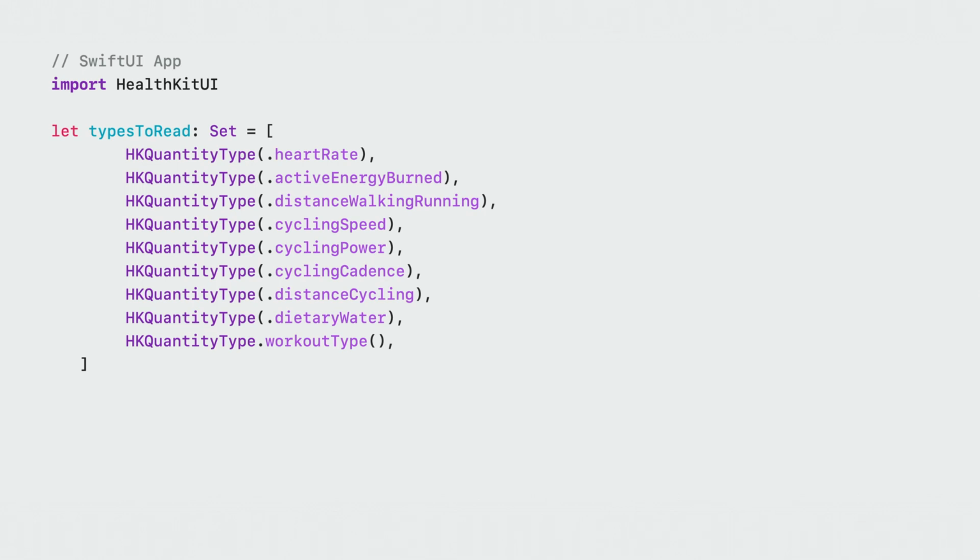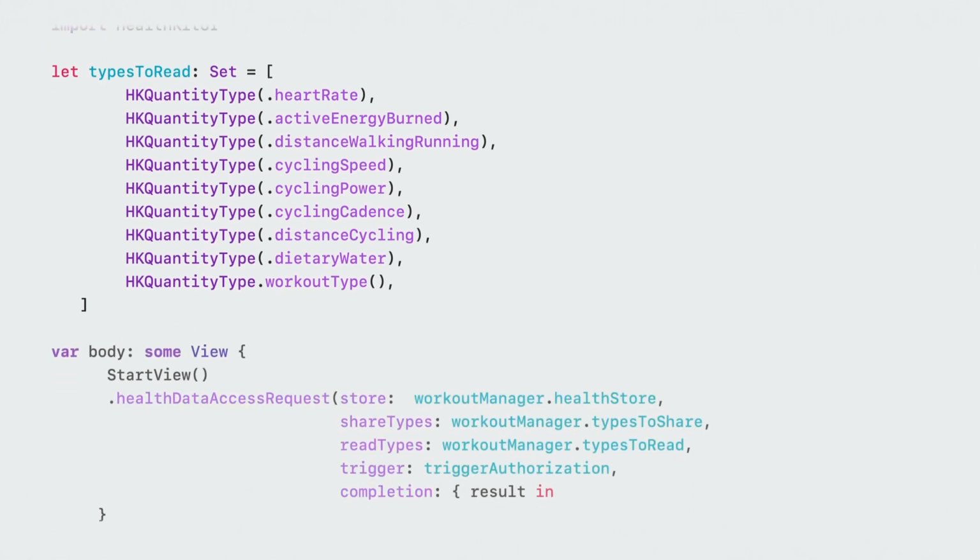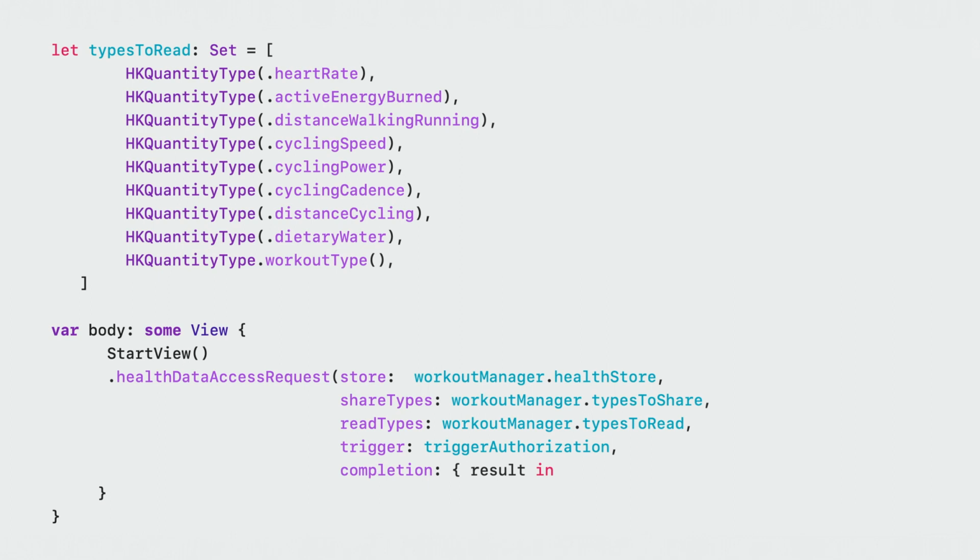Then, since I built a SwiftUI app, I'll use the new Health Data Access Request view modifier from the HealthKit UI framework and pass the data types I want to share and read, as well as a trigger. Setting the trigger to true will present the authorization sheet in my app.